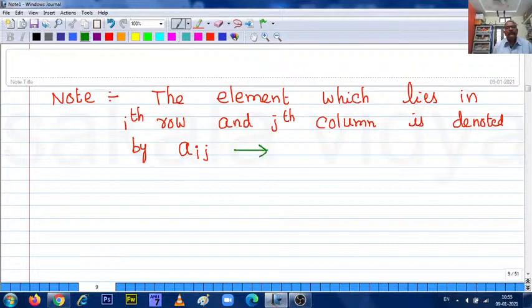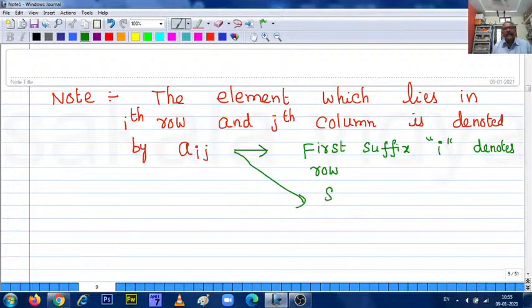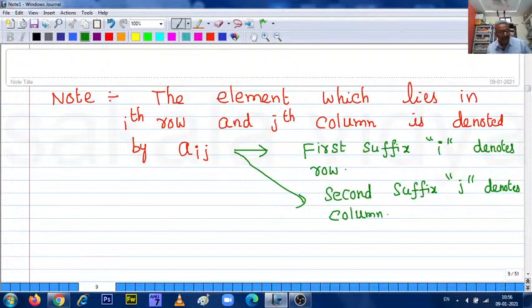That means the first suffix, this is called i. The first suffix i denotes the row. The second suffix j denotes the column in which the element lies.